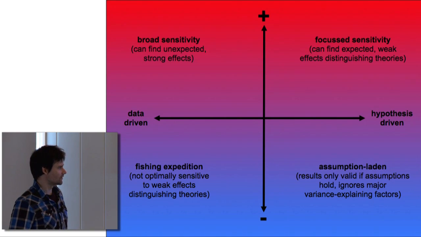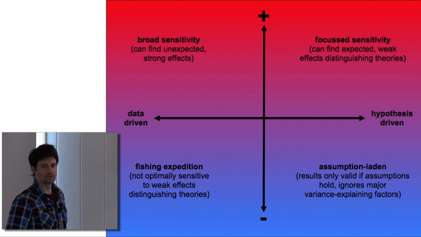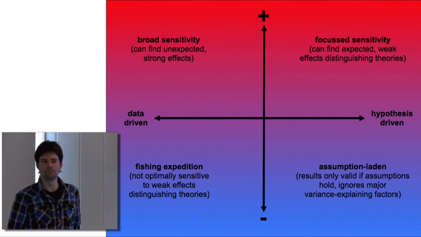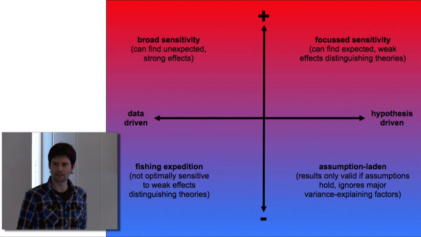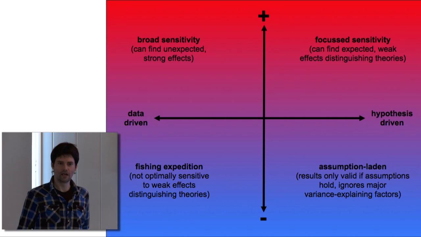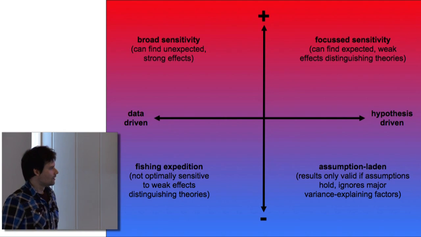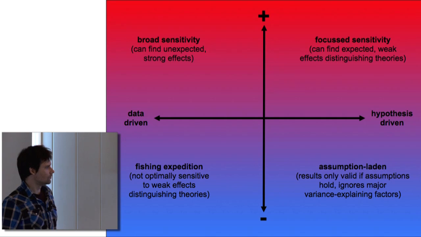One is that the results are only valid if the assumptions hold, right? And often these assumptions are implicit, and I think this is really a big thing that we need to reflect on much more, that in many studies where we accept the analysis as valid, there's actually a lot of very questionable assumptions that everything rests on. And the other drawback is that this assumption-ladenness leads to ignoring major variance-explaining factors, right?